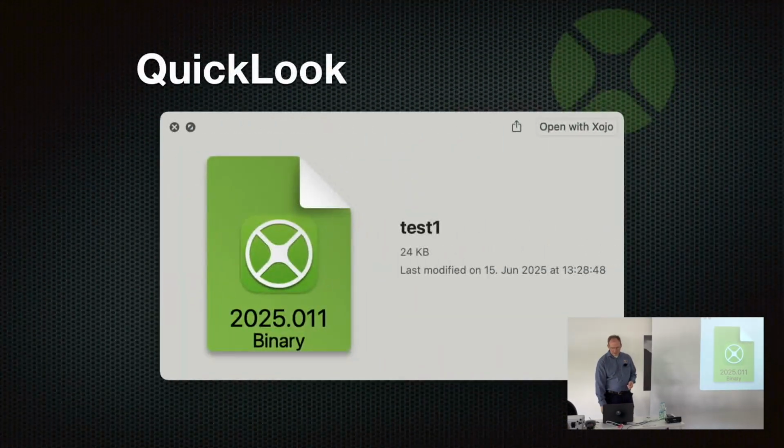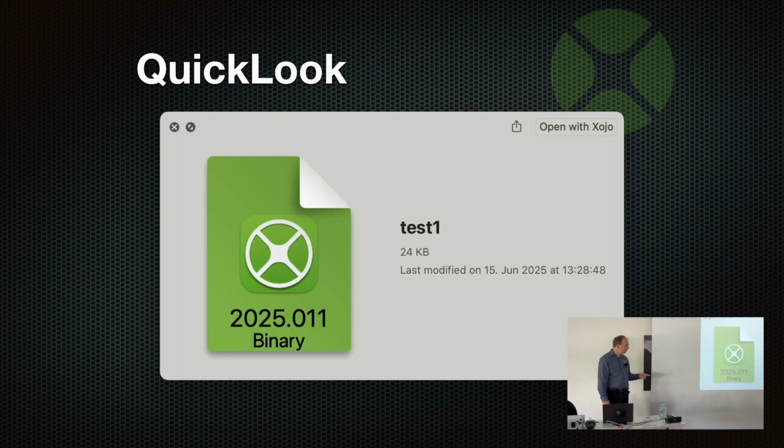Then there's a little utility I also have available. There's a Quick Look extension for me to tell you for a project file which Xojo version it's made with. And you may have seen my Xojo folder. It has a dozen versions because I have a lot of projects on older versions.